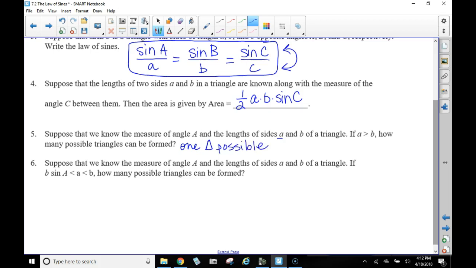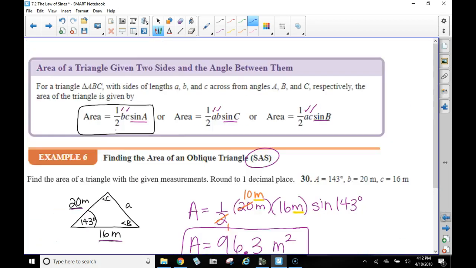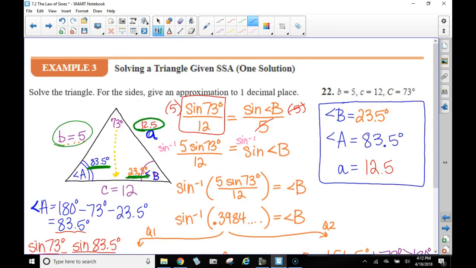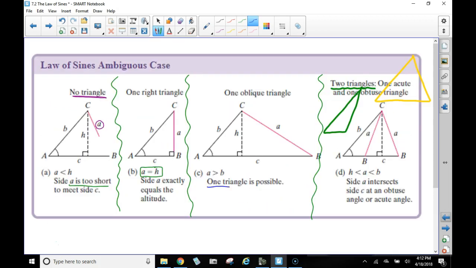Suppose we know the measure of angle A and the lengths of sides a and b. If side a is less than b, but greater than the height, we could have two triangles that would be formed. That was that other case where side a is less than b, but greater than the height of that triangle, then two triangles are formed.